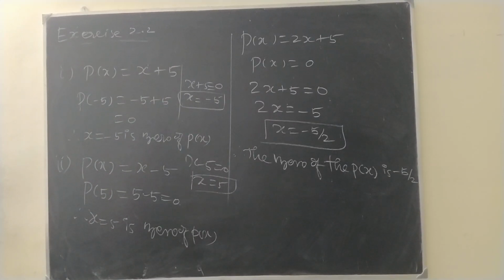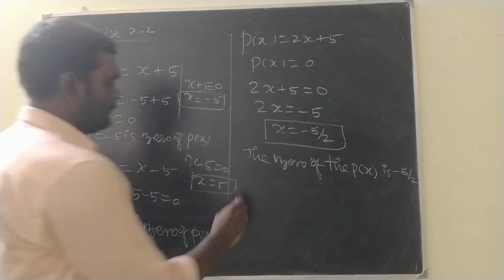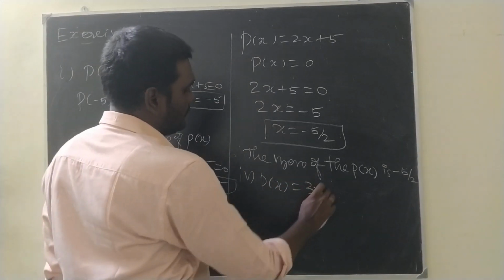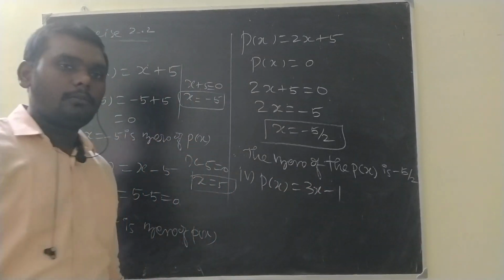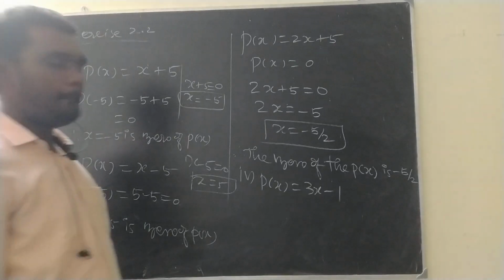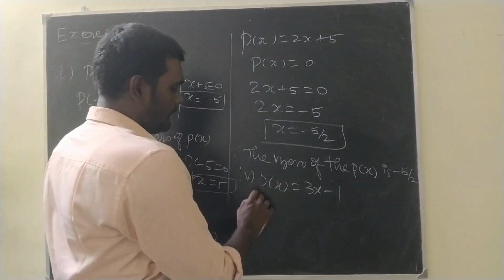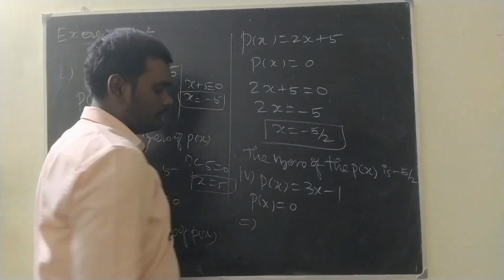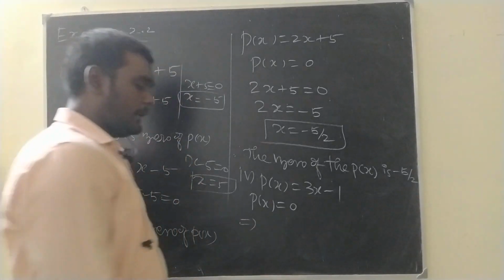Next, question number 4. What is question number 4? P of x is equal to 3x minus 1. How to find the value? Here, it is P of x that is equal to 0. Oh, sorry, 3x minus 2.